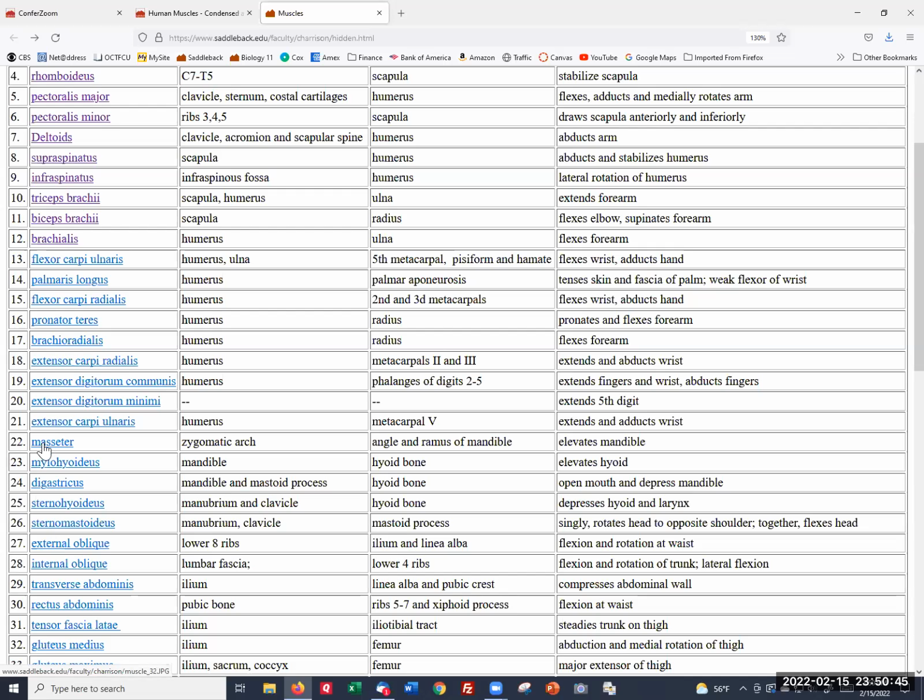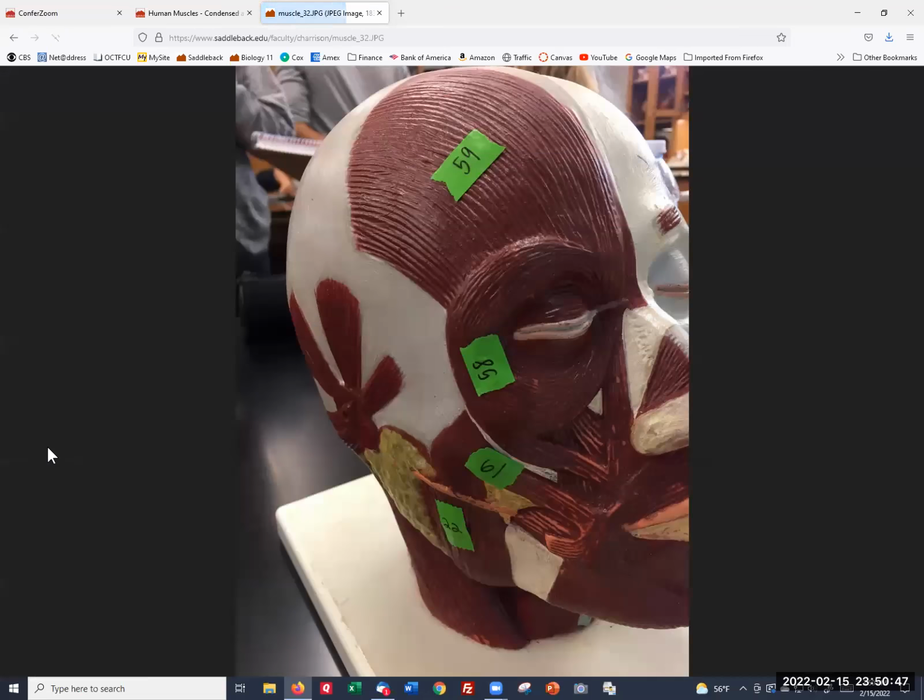Let's look at those. Okay. 22 is way down here. It runs vertically and it closes the mouth. This is the masseter. People don't have trouble with the masseter.